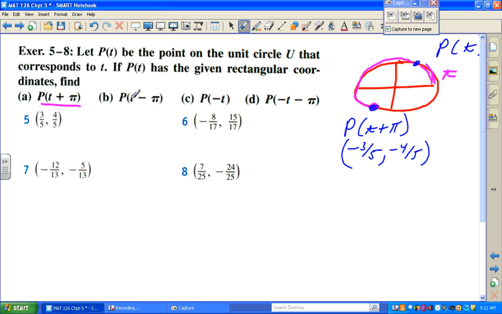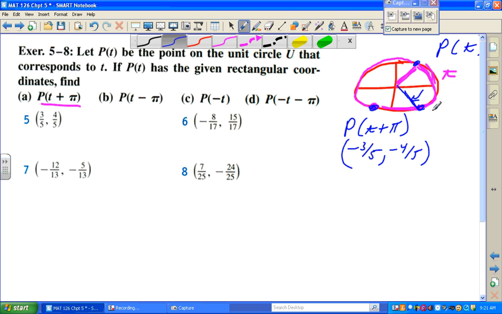What if I take t minus pi? It's going to be the same: I'm just going back a half circle. Now here comes the difference. T going up is positive, and t going down is negative, because negative goes down.